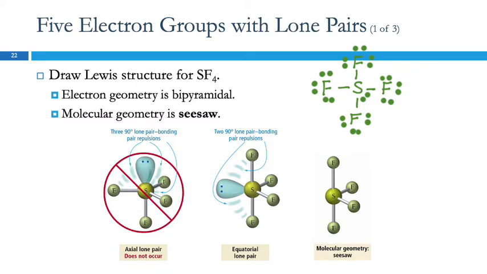We gave everybody an octet, and we still had an extra pair of electrons. Sulfur's in period 3. It's big enough to expand its octet, and so we'll put the lone pair on the sulfur.